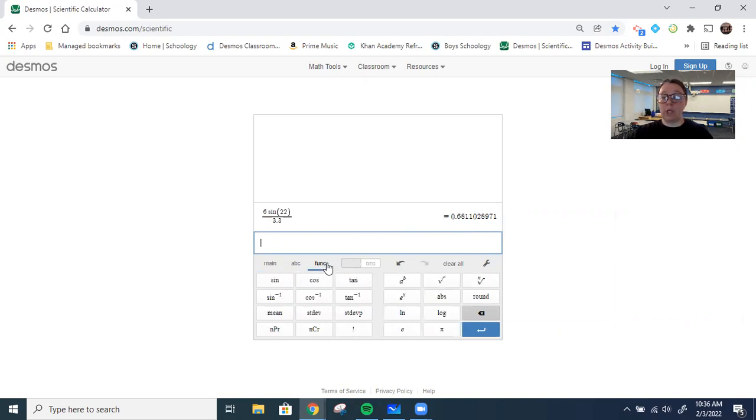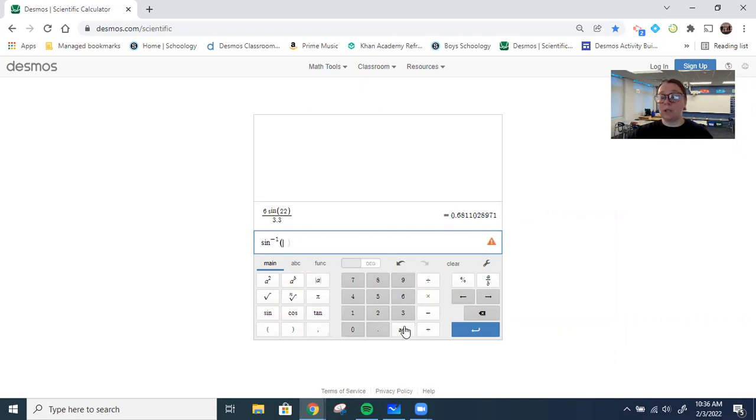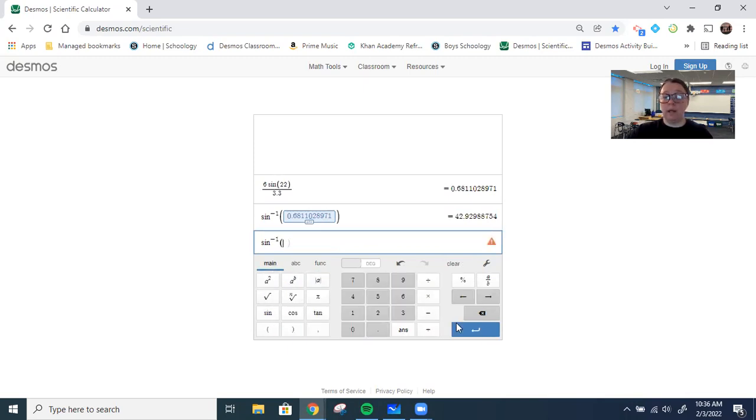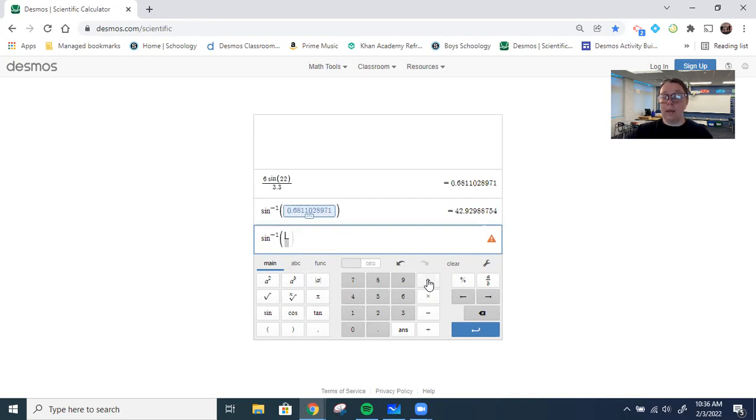So I'm going to go to function here. Here's my inverse sine. I go back to main. If you click answer, it will pull your answer for you and you'll get 42.9 degrees. The alternative would have been to put it all in at once. So start with the inverse sine of, and then type the 6 sine 22 over 3.3 all in one step.